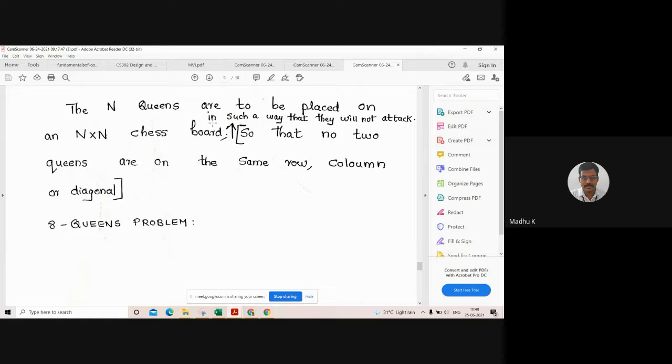We want to arrange the n queens in such a way that they will not attack each other. This is the constraint involved in that problem: no two queens are on the same row, same column, or diagonal. We want to arrange the queens so that this condition is satisfied.